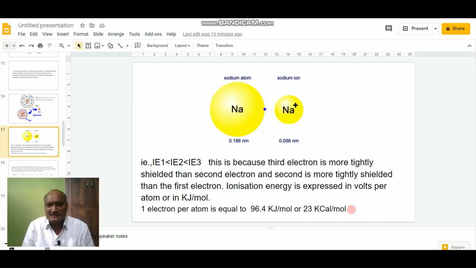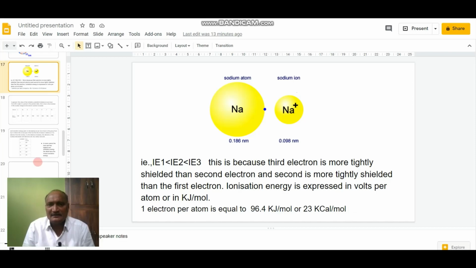The amount of energy required to remove the third electron is higher than the amount of energy required to remove the second electron. And again, the amount of energy required to remove the second electron is higher than the amount of energy required to remove the first electron. That is, IE1 is lesser than IE2, and IE2 is lesser than IE3.